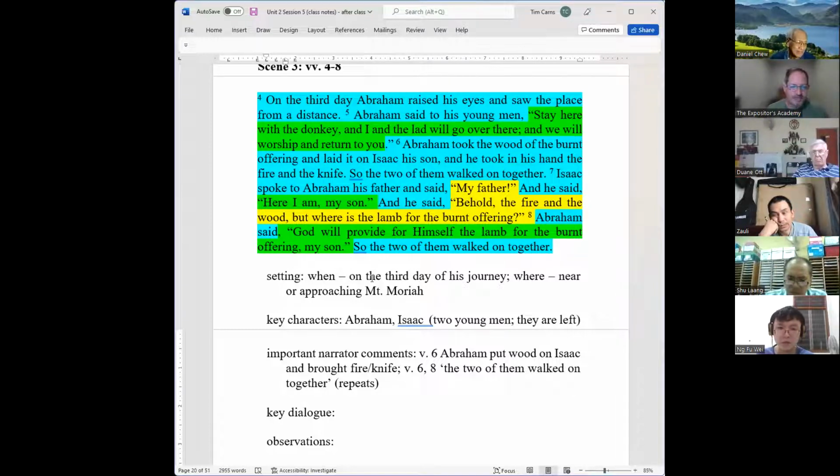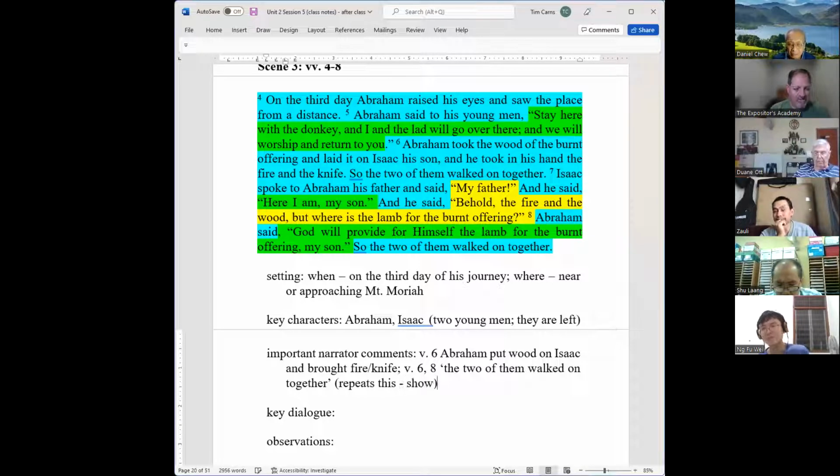The fact that the narrator, in this case Moses, repeated this phrase, he obviously wanted his audience to take note of this phrase, so the two of them walk on together. It's a bit like if any one of us is to write our narratives, and then we repeated saying that strawberry ice cream is really nice, and the fact that I repeated twice, I want the audience to know that strawberry ice cream was really nice.